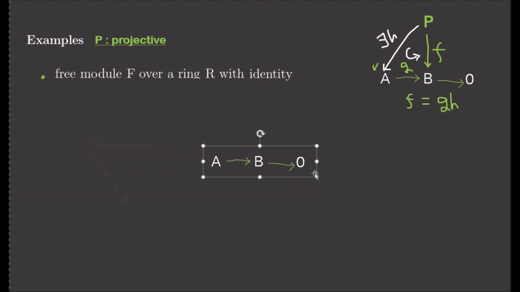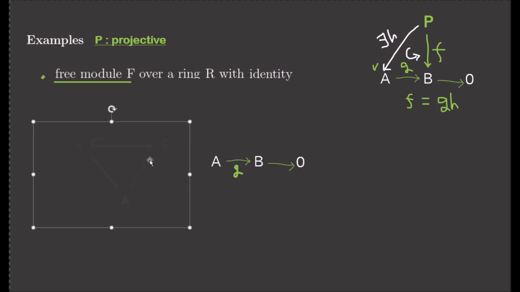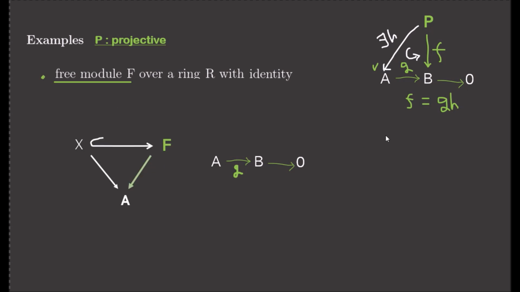Let's see. This is the exact sequence. We know that if we put the map g, this is an injective map. And consider the definition of a free R-module. The definition is that for any R-module, the triangle commutative diagram holds.